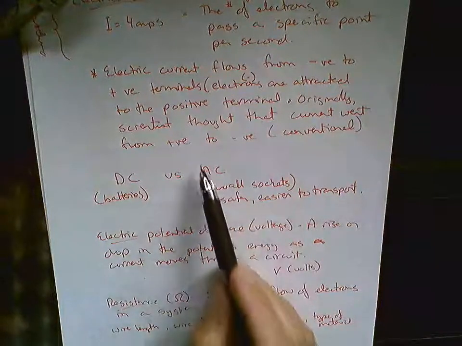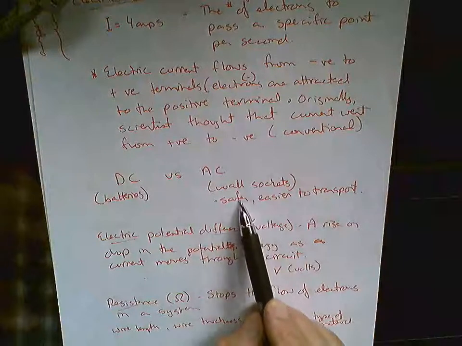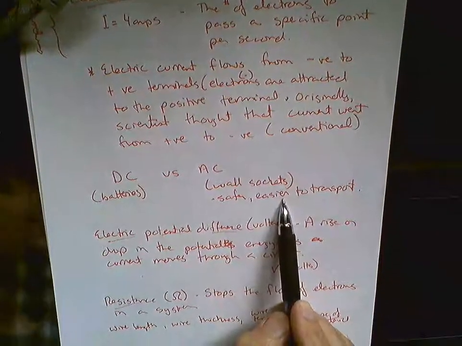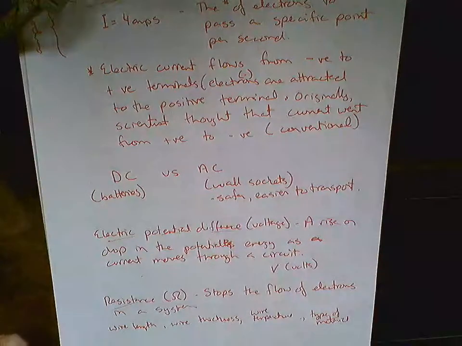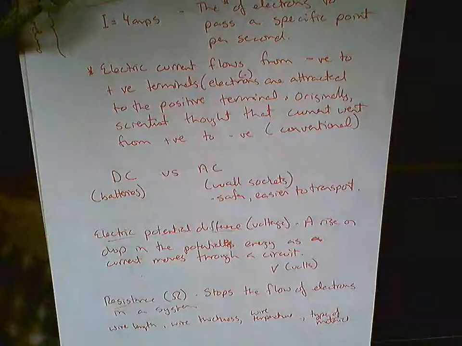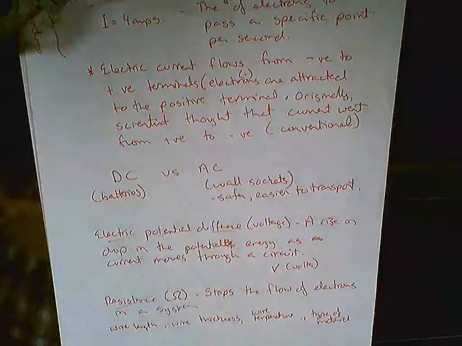You'll find AC, or the alternating current, in wall sockets. It's safer, it's easier to transport electricity in this form, and it's also easier to transform it. We can change the voltage of the AC electricity much easier than we can with the DC. There are fewer moving parts in an AC motor, and therefore it's also cheaper.